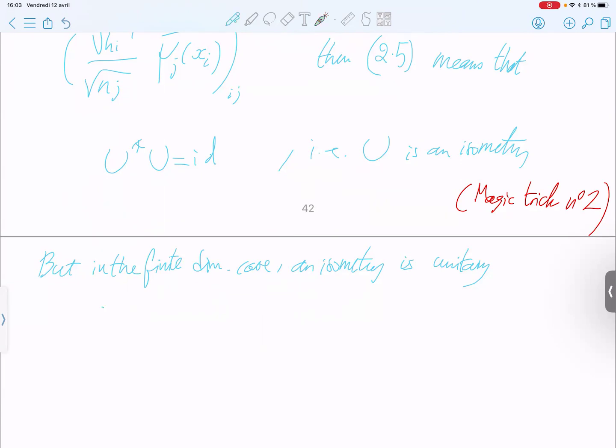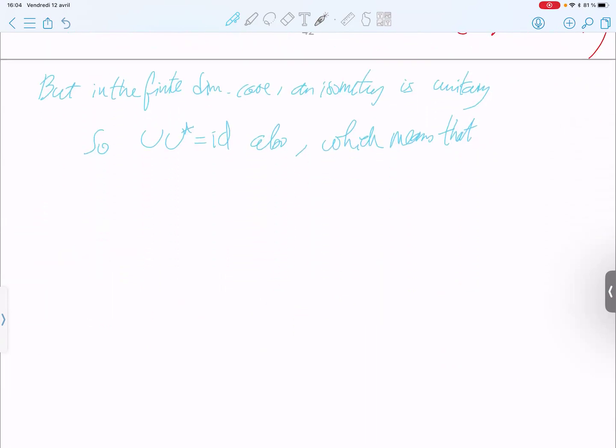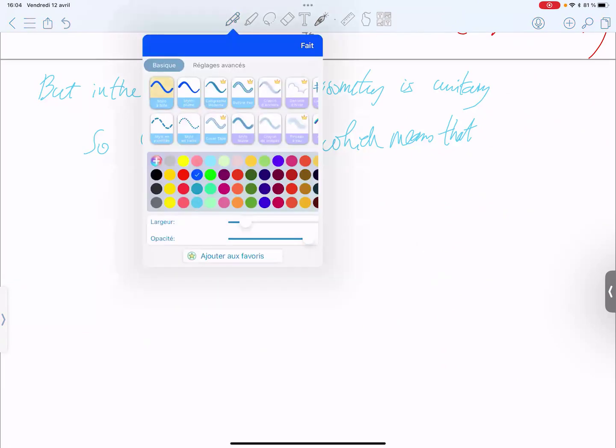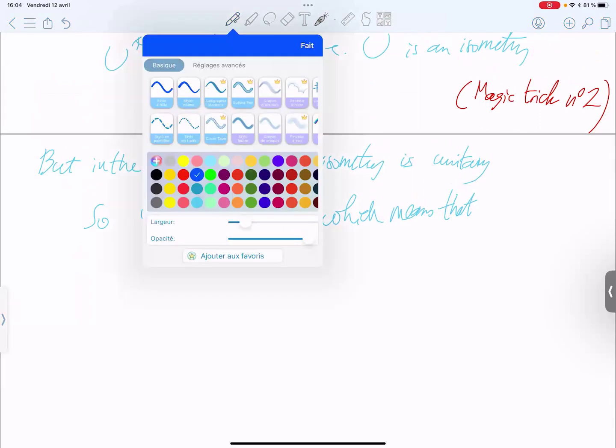So U U star equal identity also, which means that you have the second orthogonality relation. Or maybe let me continue a bit.